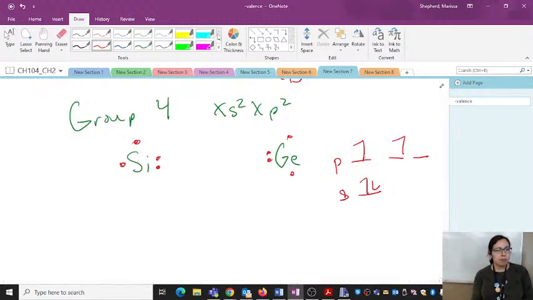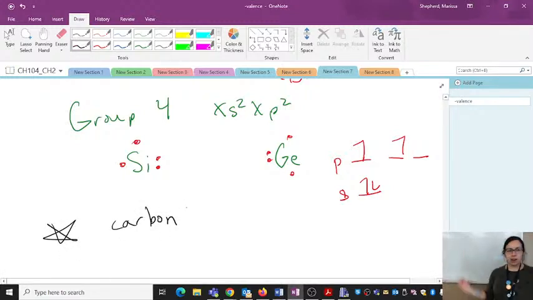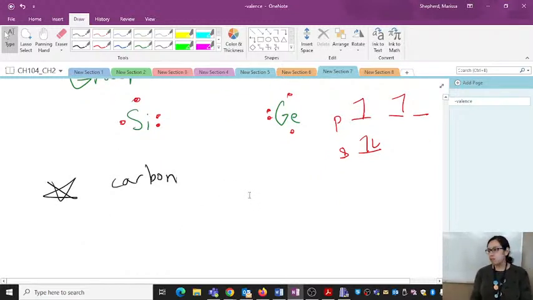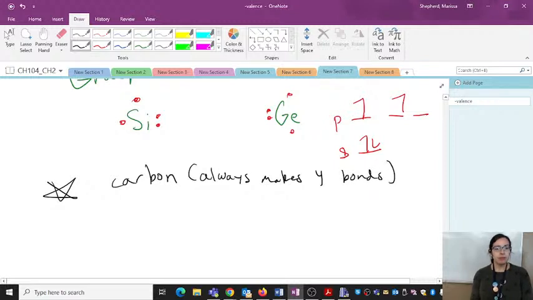But then your exception, so let's write a big star, is carbon. We went on and on about how carbon is a fundamental building block of life. Because of this, carbon always makes 4 bonds. And so we want to draw our Lewis dot structure to reflect that.